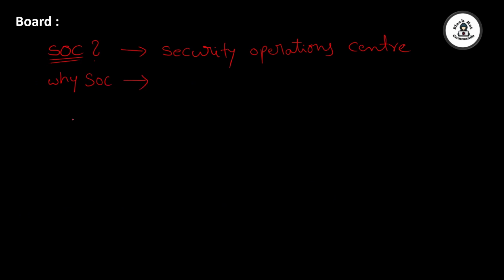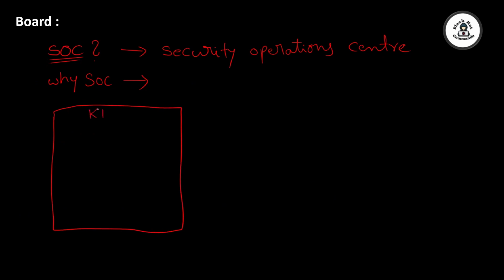The answer is, before SOC existed, a few years ago, there was no SOC in the world. At that time, for example, let us take a car industry. This is a company called a car industry.